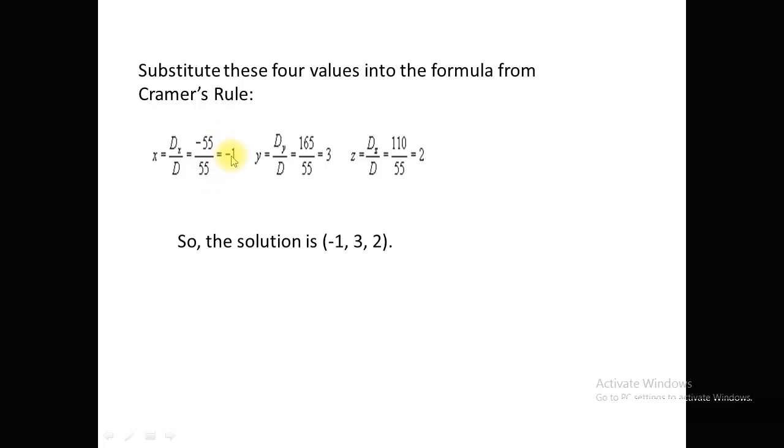So we get the value of x is minus 1, and for y, Dy divided by D, the value of Dy is 165 divided by 55, which is equal to 3. And for z, divide the value of Dz by D, 110 divided by 55, which is equal to 2. So the solution of the system is minus 1, 3 and 2.